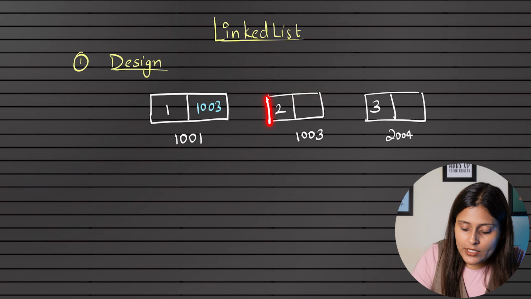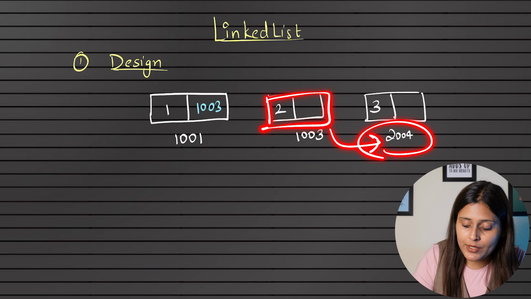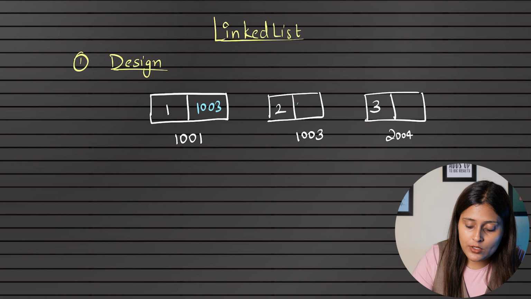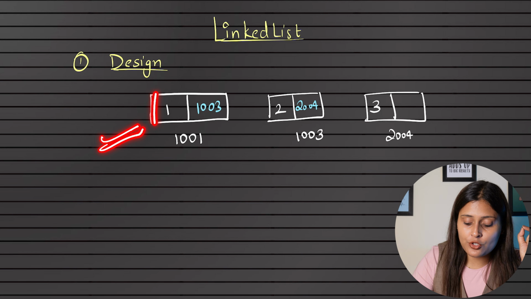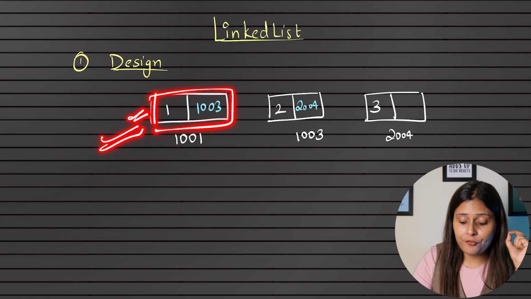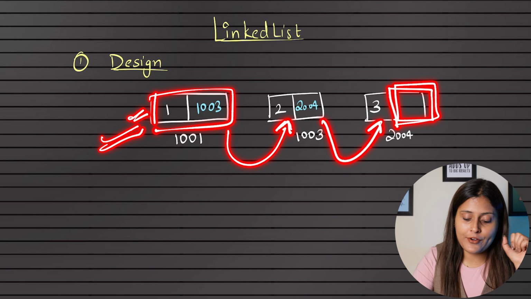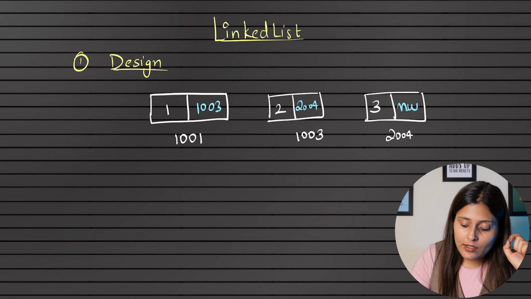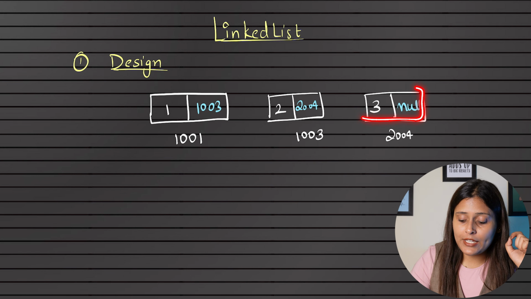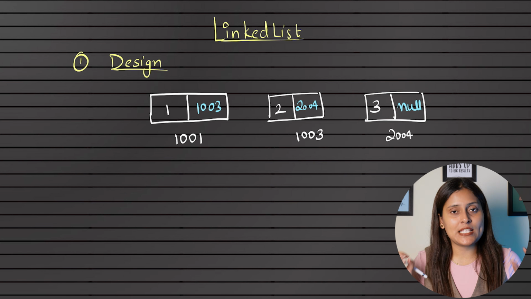Now this node will save the address memory for this, means 2004. So it means if we have the track of this node, from 1 we can go to node 2, and from 2 we can go to node 3, and for 3 we have no address, so we can say null. It means after 3 we have no nodes present.